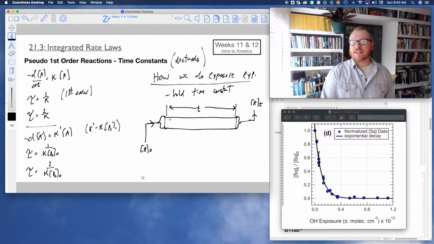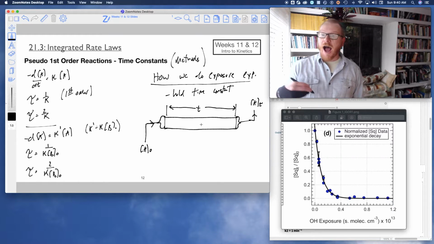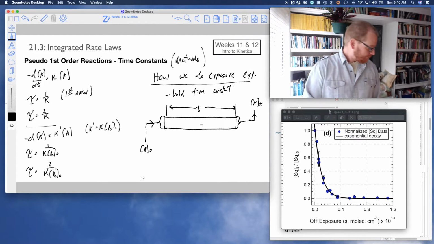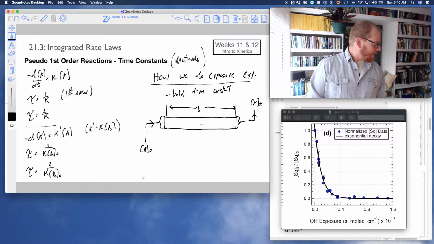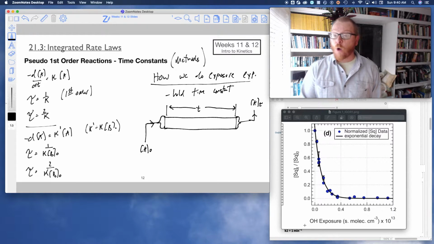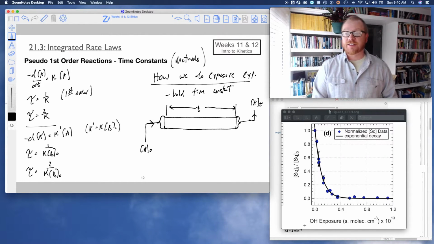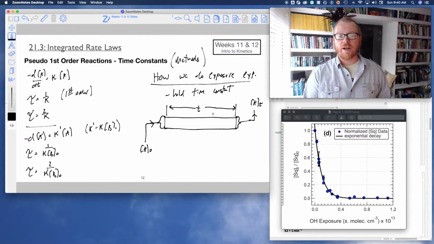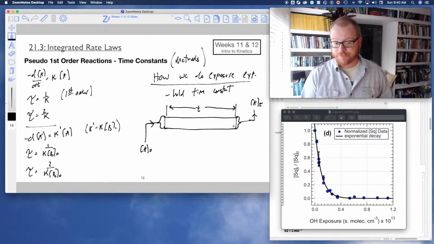Because the time is constant, the concentration of A won't change unless we change the concentration of B. Furthermore, in this experiment, this was done with the OH radical. OH radical is completely unstable. So what we actually did was surround our flow tube with a bank of UV lamps, and then we put in a precursor to OH radical.